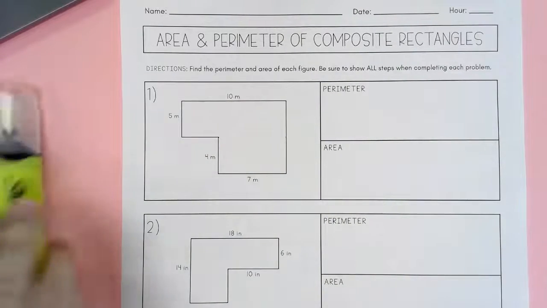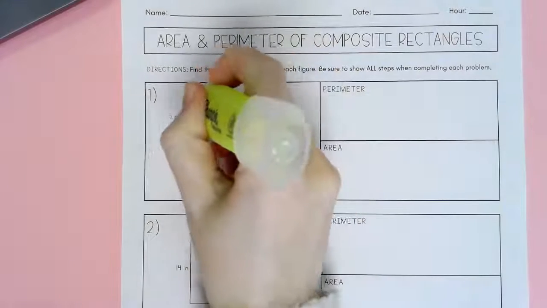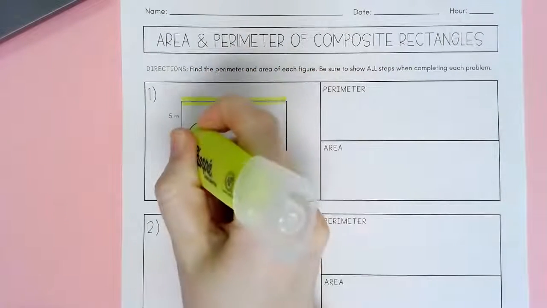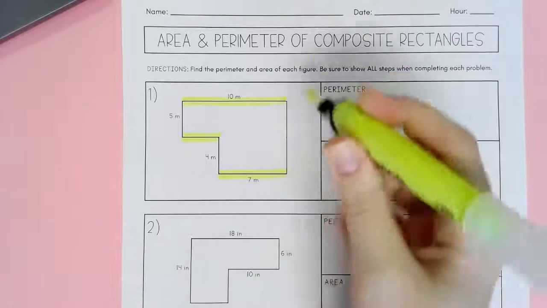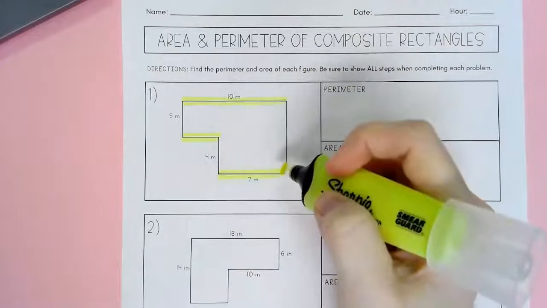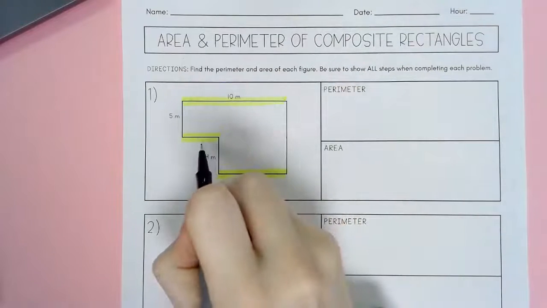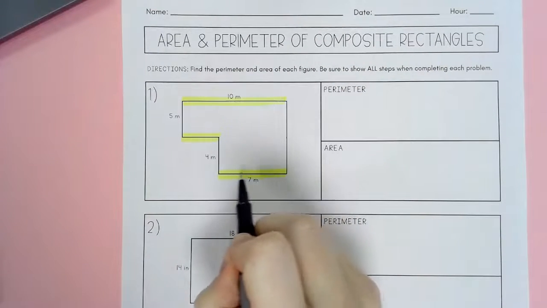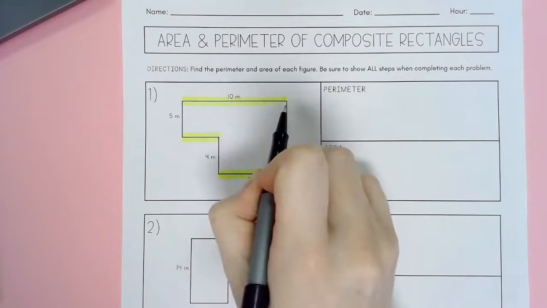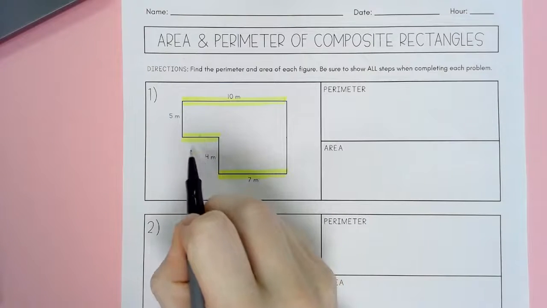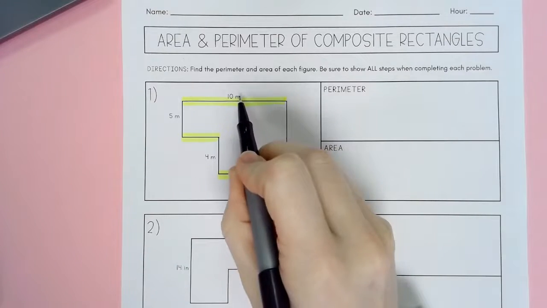I identified all of the sides that are parallel to one another. Since these three sides are parallel, if I add this side plus this side, I would get this side length. Does that make sense? Whatever this is plus the 7 would give me the 10.